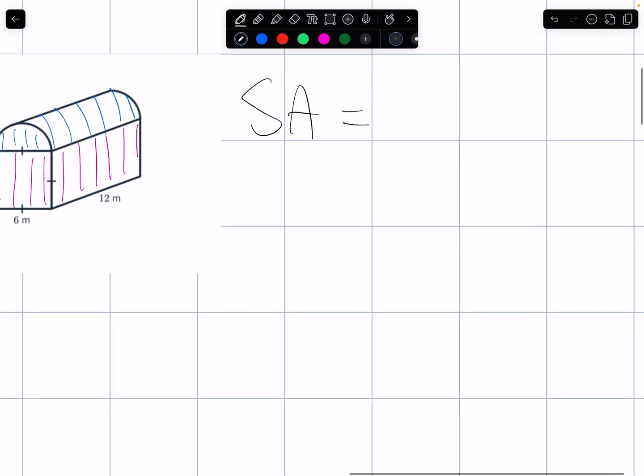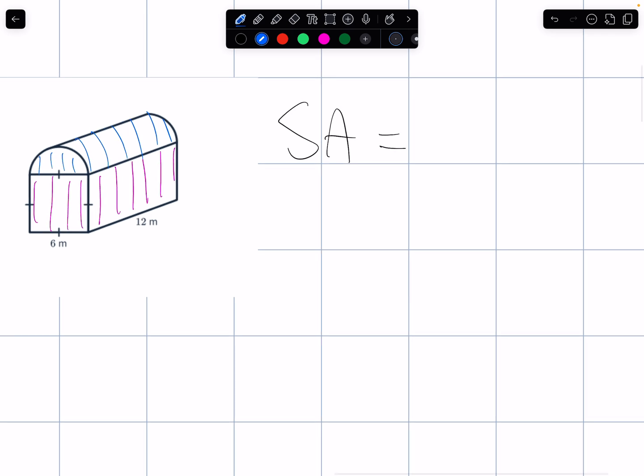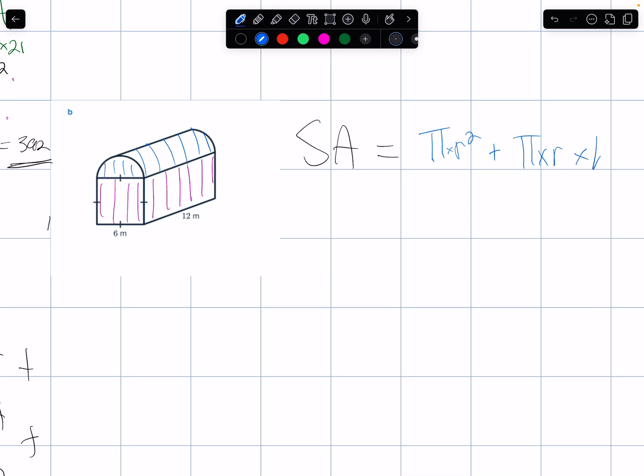Let's do that first. So, surface area of a cylinder is half, well actually, what did I write in yours? I just wrote it pi r squared, or pi times r squared, plus pi times r times h.